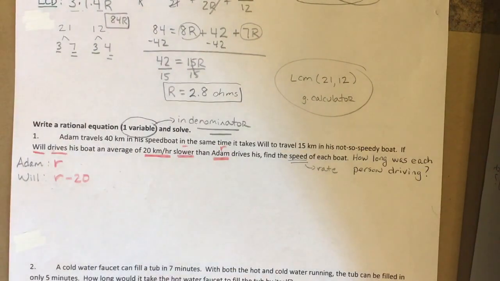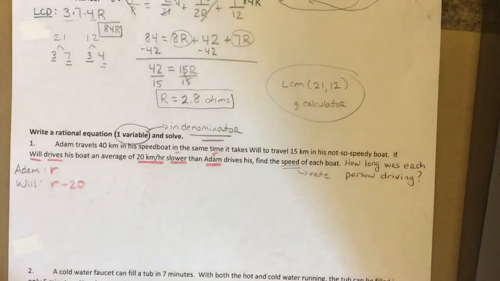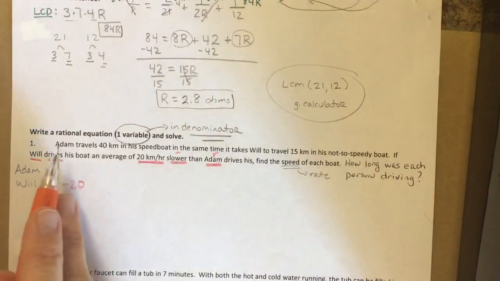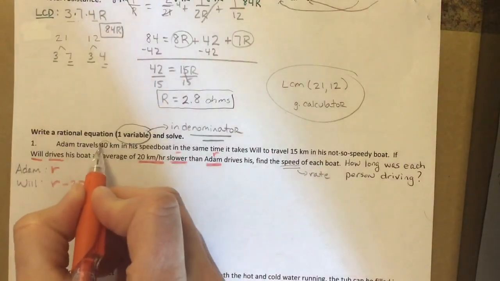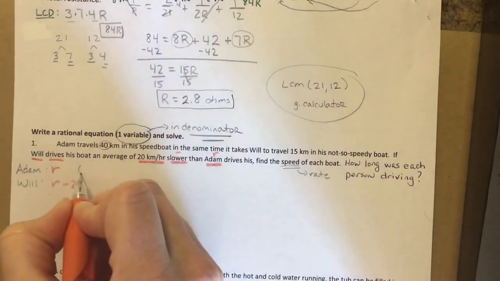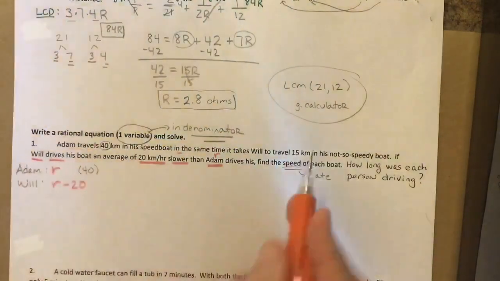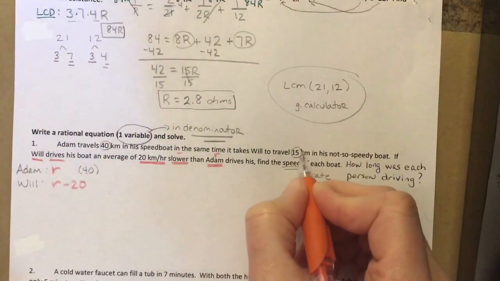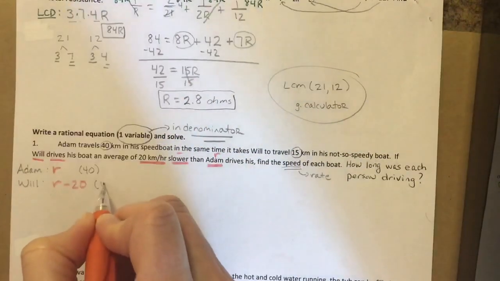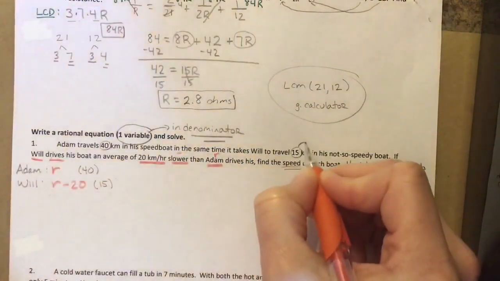Now, what else do we know? Well, we know Adam went 40 kilometers. That's a distance. And Will only went 15 kilometers distance. Okay, this is the distance.